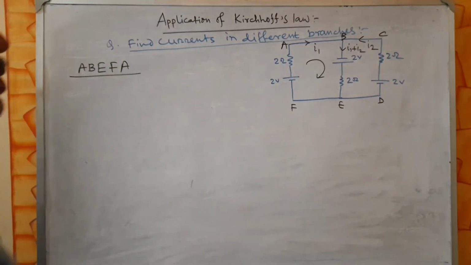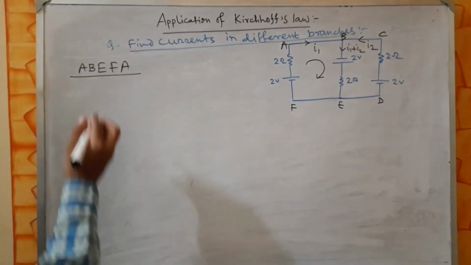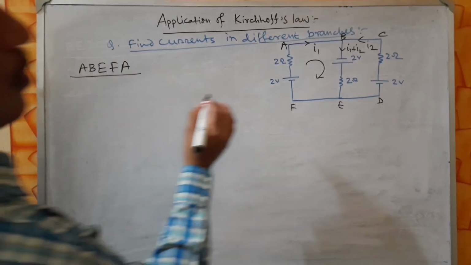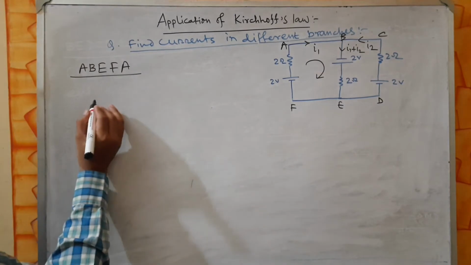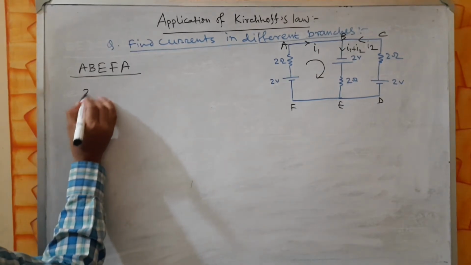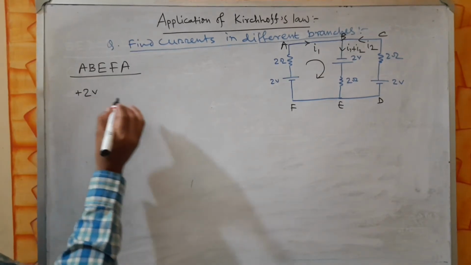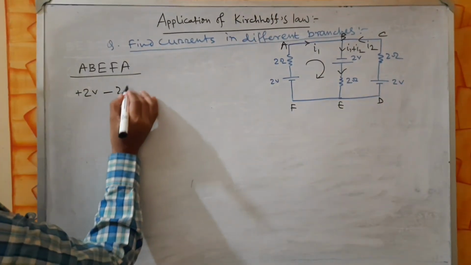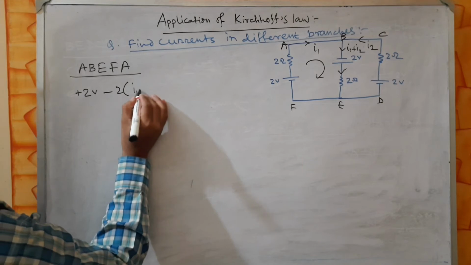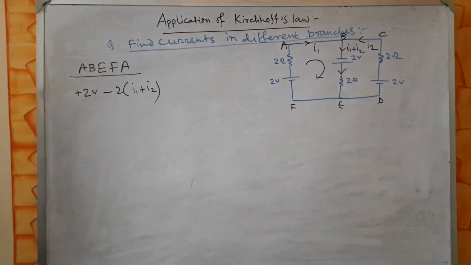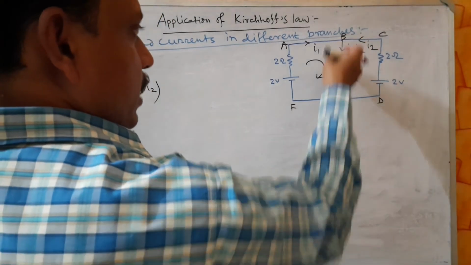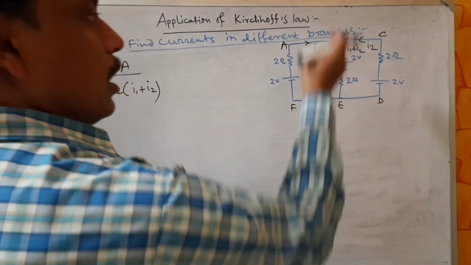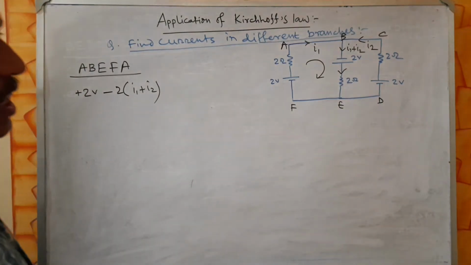So for the loop ABEFA we can write plus 2 volt, minus 2 into I1 plus I2, because the direction of current in the 2 ohm and the mesh direction are the same.